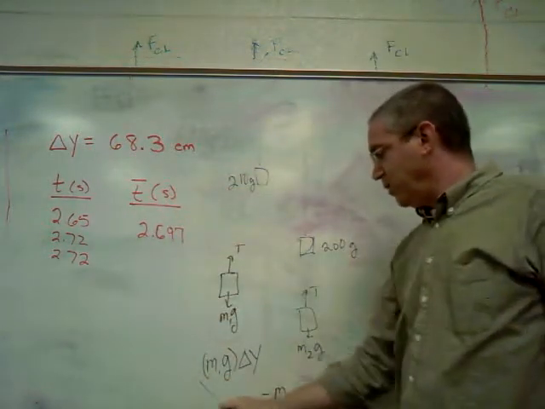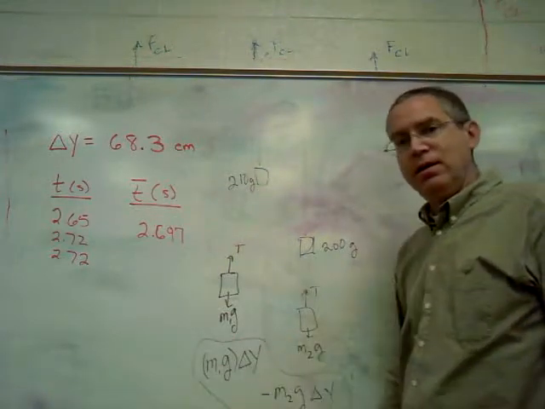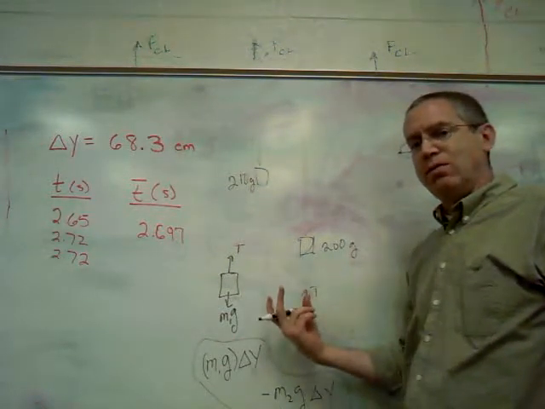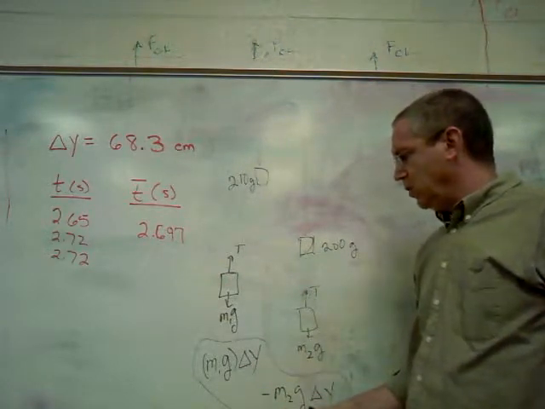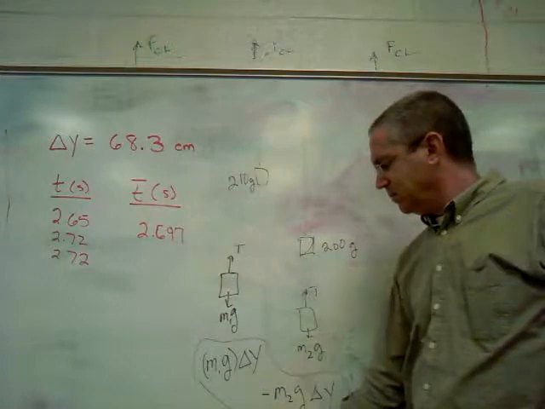And so I end up with this is the total work being done. The tensions canceled out. I worked through the argument. You can throw those terms in there, but they would just cancel out. And so let me factor out what I can.